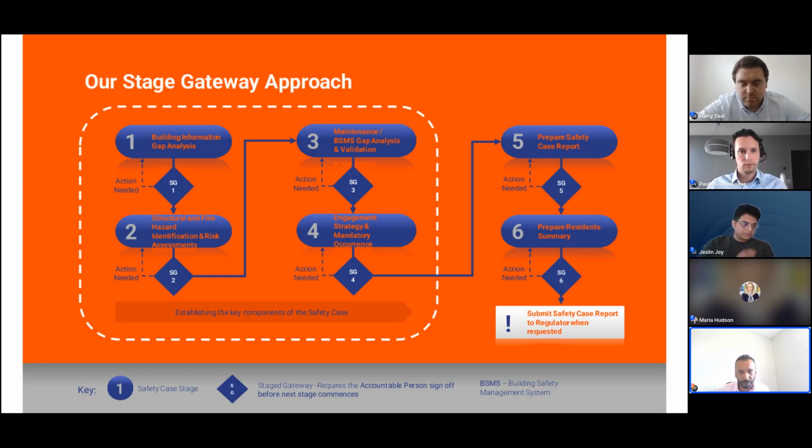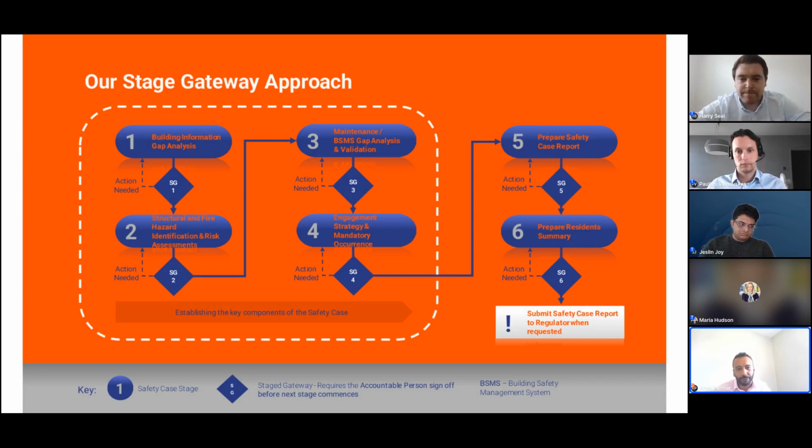Once we have all of this put together, we write the safety case report, which is a technical authoring process, and we need to ensure we get this in a state that can be submitted to the regulators. From this comes the resident summary.